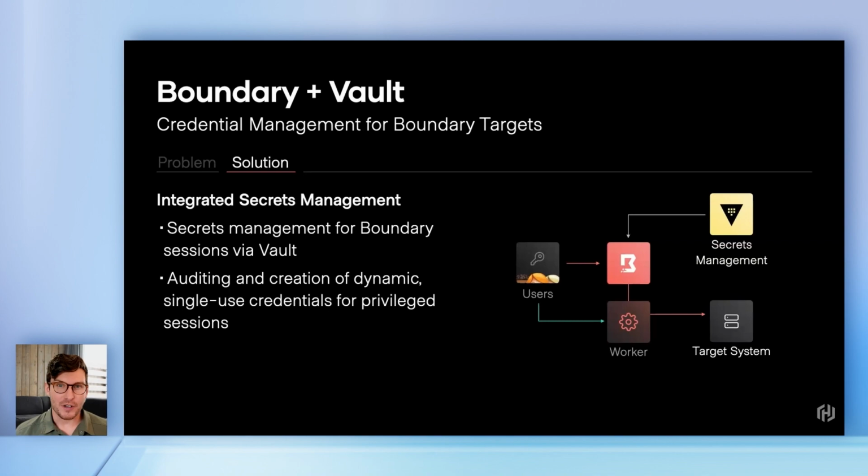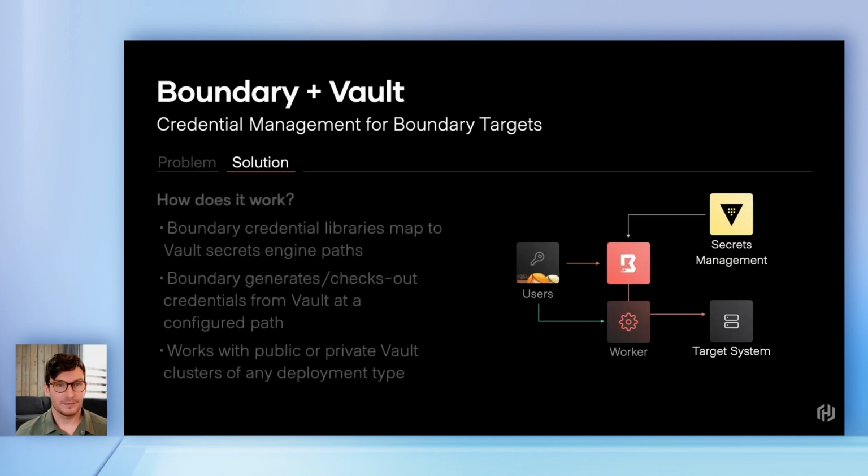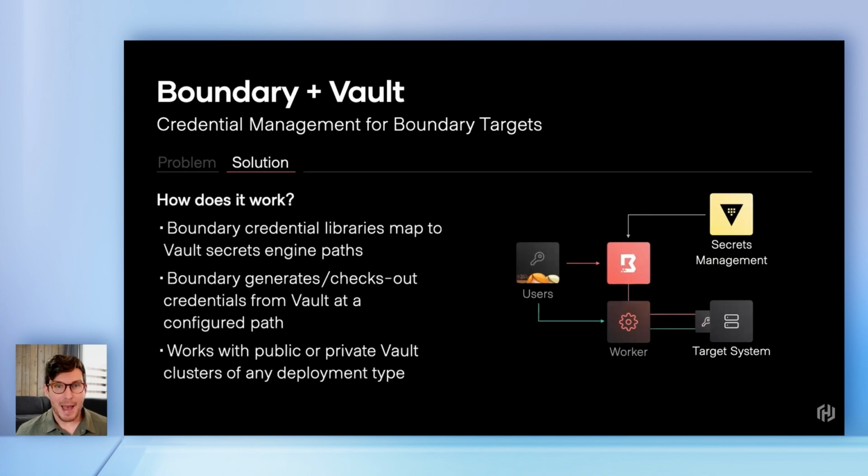Pairing Vault with Boundary improves secrets auditing capabilities and the creation of dynamic credentials for sessions. This works by mapping credential libraries within Boundary to Vault secrets engine paths. Boundary then generates or checks out credentials from Vault to be used for a session.